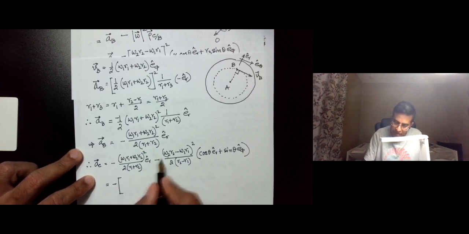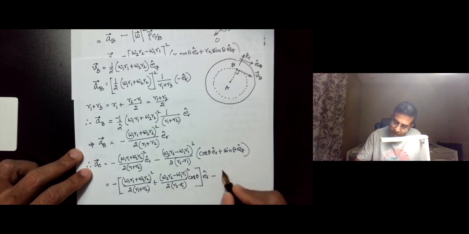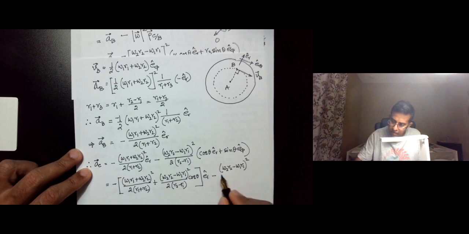We'll take this negative sign as a common factor: (omega 1 R1 plus omega 2 R2) squared divided by 2 (R1 plus R2), plus (omega 2 R2 minus omega 1 R1) squared over 2 (R2 minus R1) cosine theta, multiplied by ER, minus (omega 2 R2 minus omega 1 R1) whole squared divided by 2 times (R2 minus R1).